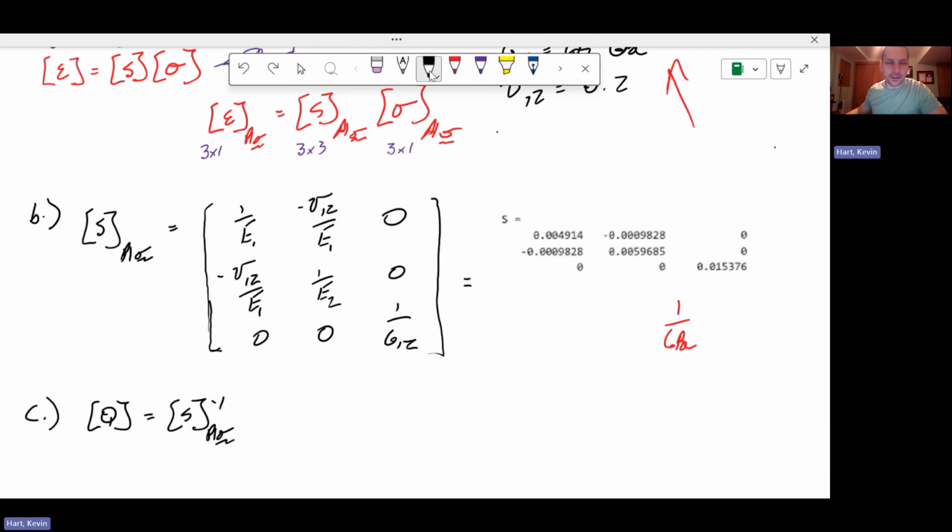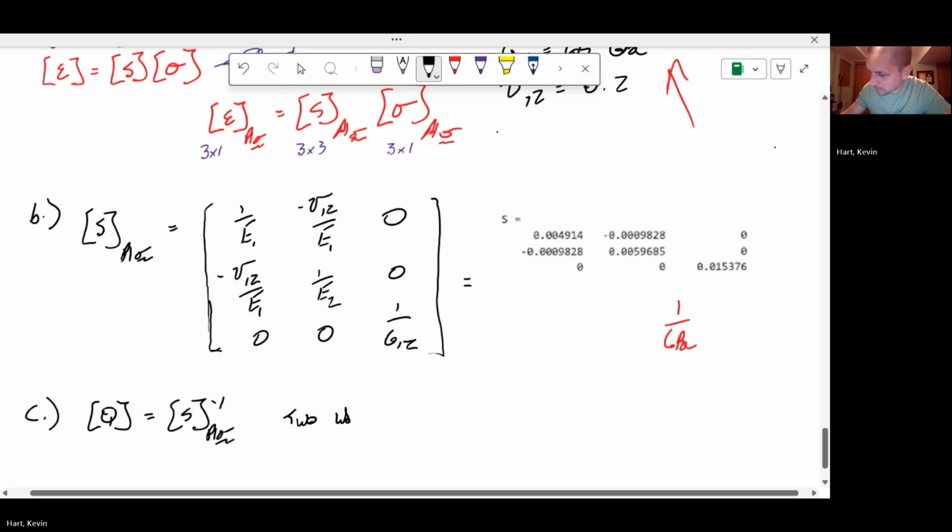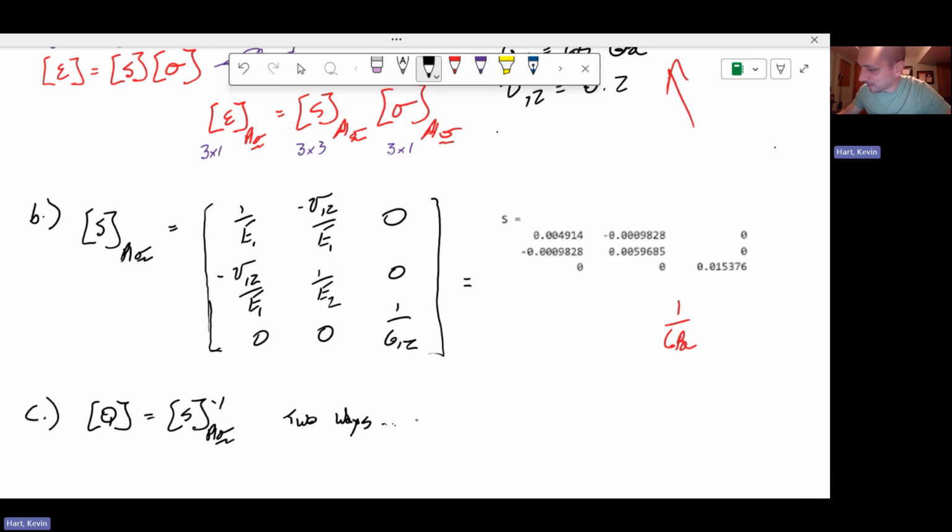Or there's another way that you can do this, and that is to calculate Q directly. So two ways here. One is just do the inversion in MATLAB, so just do MATLAB S inversion, and that'll get you your answer.